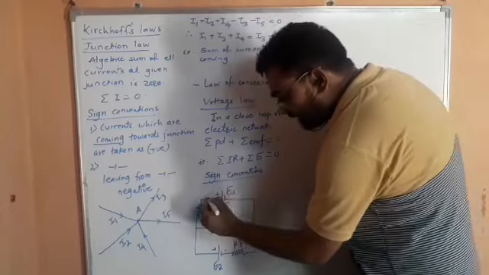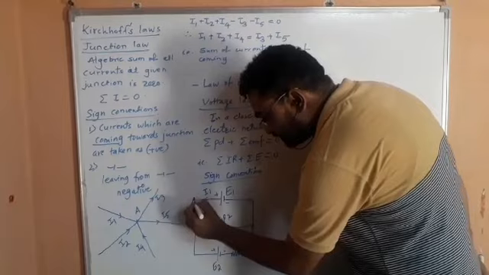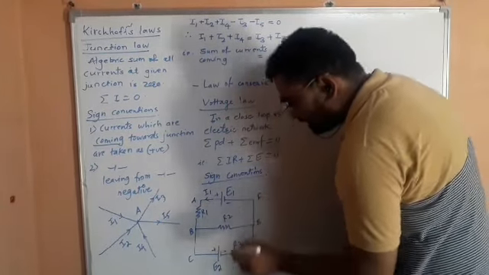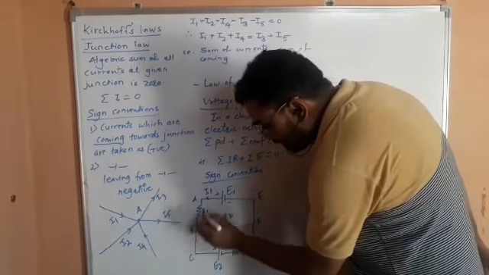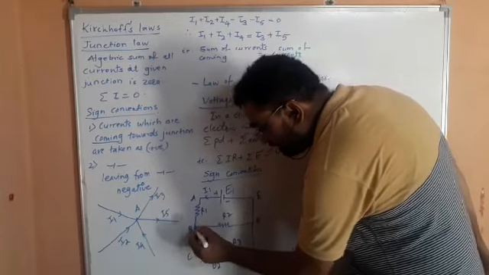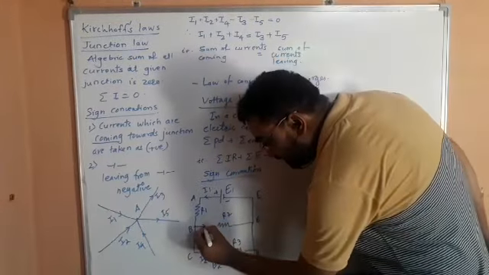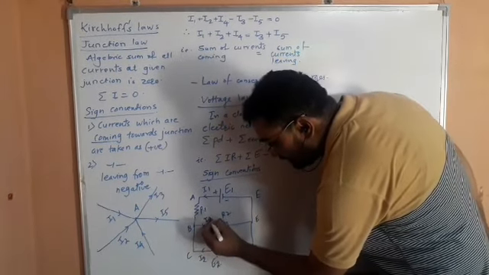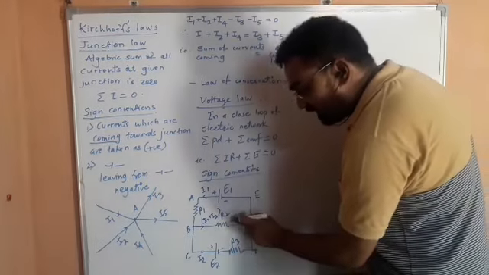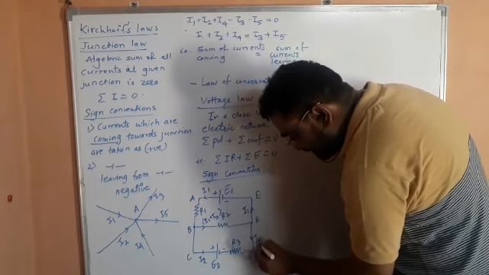Now let the current I1 sent by cell E1 reach this point. If I label the circuit A, B, C, D, E, then current I1 from E1 and current I2 from E2 will reach point B. So point B can be an active junction. From point B, both currents I1 and I2 will proceed towards point A through R2, and again here they will split as per their cells.